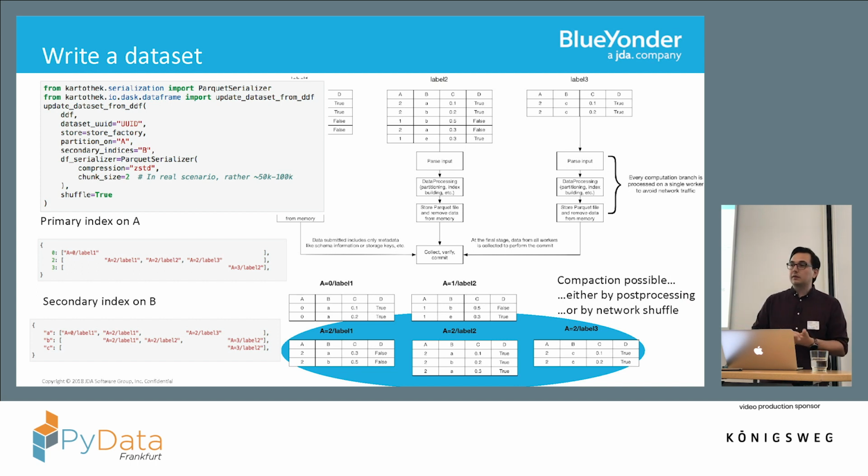But the whole thing is hidden behind the scenes. So reading the thing, you don't need to be aware of the physical partitioning, because this is what Kartothek does for you. It tracks this whole thing and resolves the indices and so on and so forth when reading this. One very important thing at the very end of this write operation is the collector task here, which is written there as collect, verify, and commit the data set.